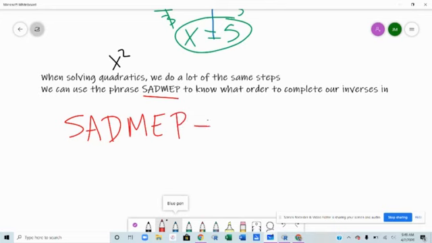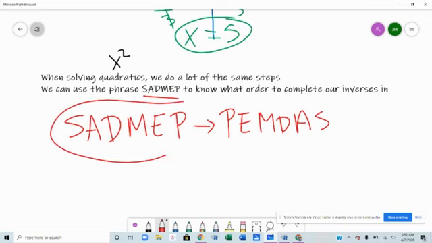But then I want you to look at it in reverse order, meaning look at it backwards. P-E-M-D-A-S. And now say that out loud. PEMDAS. So we are going to be using SADMEP, which is the reverse of PEMDAS.